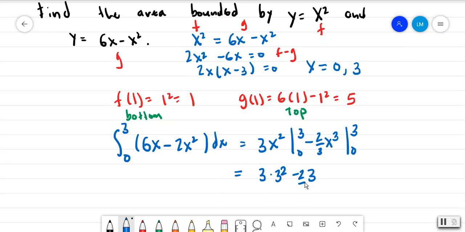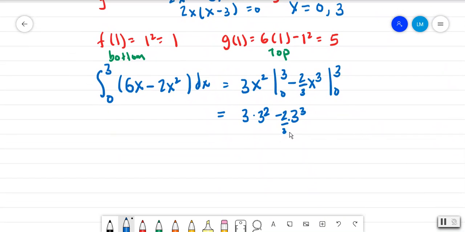So that should be 2/3 multiplied by 3 cubed. Okay. So notice that basically this is just 3 squared, which is 9, that means that it's 18. So this gives you 27 minus 18, which is equal to 9 units squared.